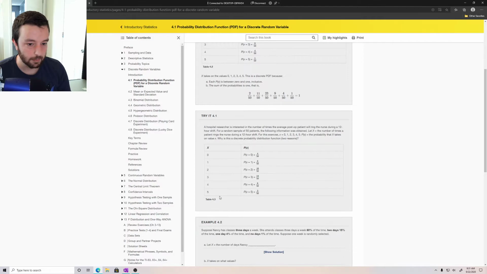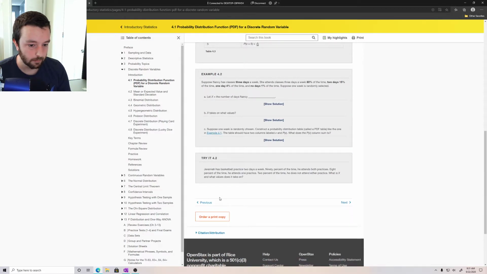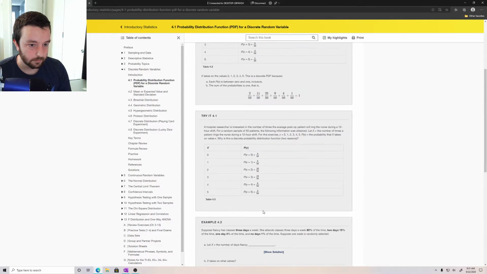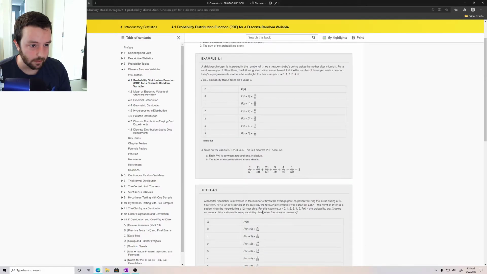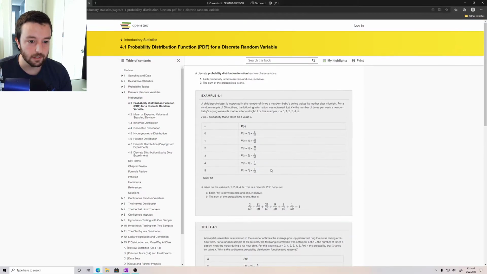I'll just copy and paste it. Here, let's go through this example in words, and then we can go through this one on our own, since this one's already written out in the book.